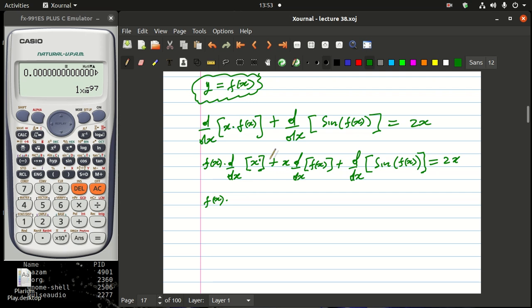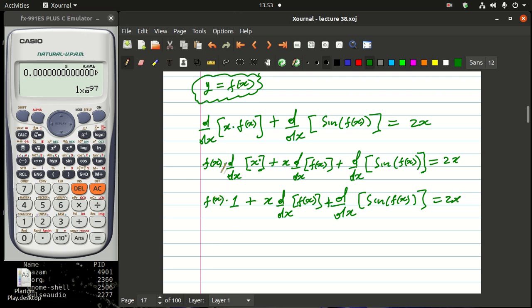X to the power 0 is going to be 1, so the derivative of this is going to be a 1 plus. And then we come to this part here. I have x times d dx of f of x, and then plus, this is a plus, I have d dx of sine of f of x, and then is equal to 2x.